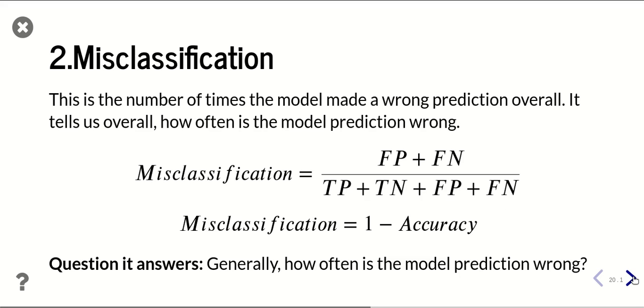Okay, so I hope it makes sense. It answers the question, in general, how often is the model prediction wrong? So if you have an accuracy of 90%, then your misclassification will be 100 minus 90, which is 10%. So 10% of the time, your model might be wrong.